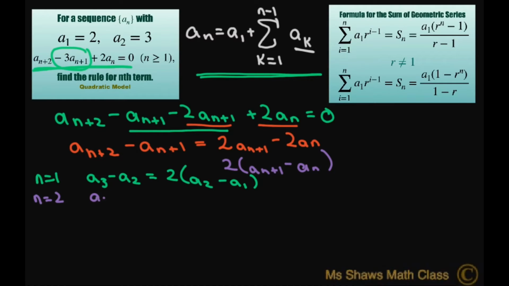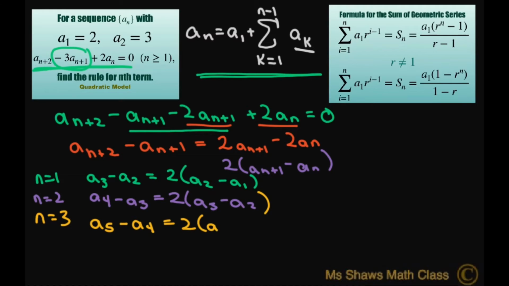That would be a sub 4 minus a sub 3 equals 2 times a sub 3 minus a sub 2. And let's do one more. So n equals 3. That'd be a sub 5 minus a sub 4 equals 2 times a sub 4 minus a sub 3. Alright, and what we're going to do is look at this side right here, and then we keep going on.